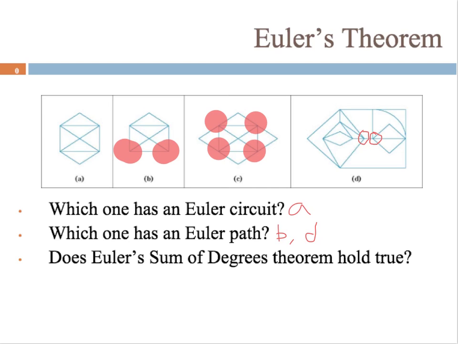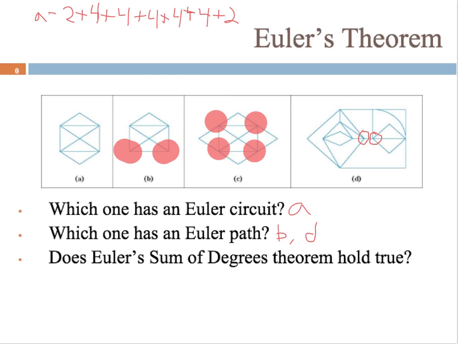Last thing to look at here, does Euler's sum of degrees theorem hold true? Let's look at graph A. So graph A has degrees of, let's see, at the top we have degree 2. On the sides we have 4 plus 4 plus 4 plus 4 plus 4 if we're going to count the very center, and plus 2 on the very bottom.